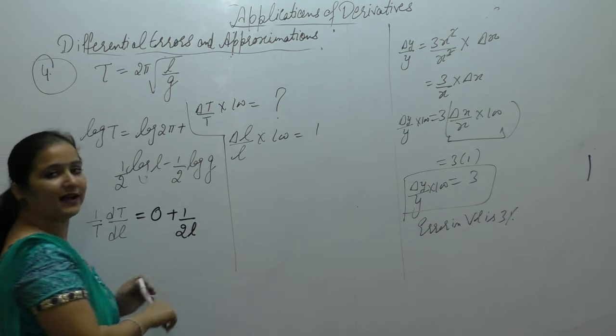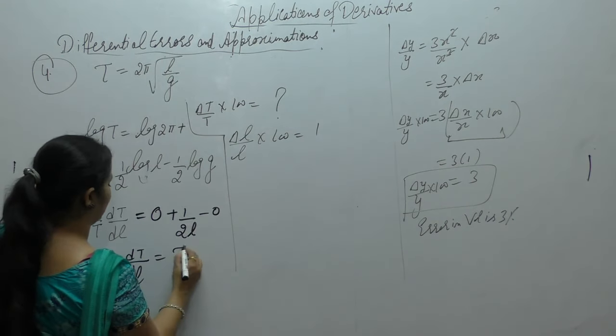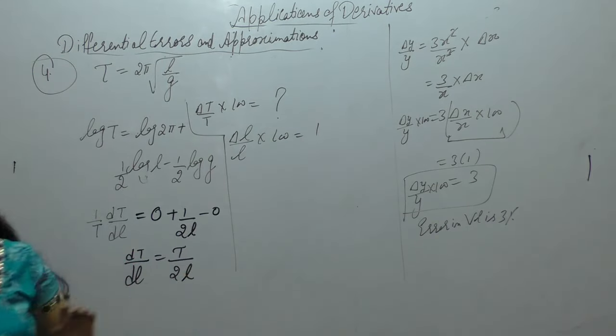Derivative of log L is 1 upon L, G is constant given. So we get dt upon dl is T upon 2L.